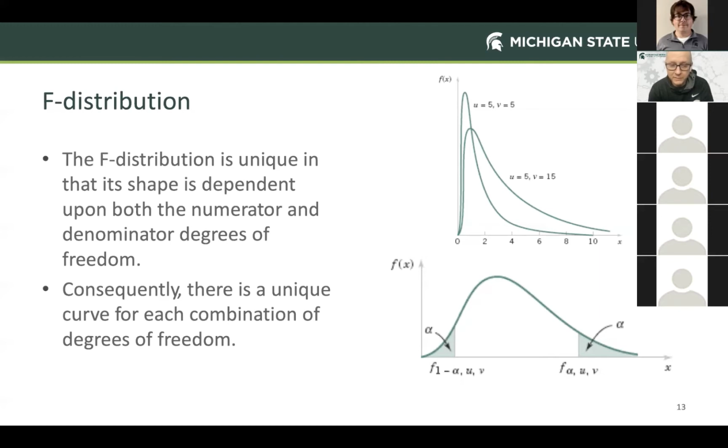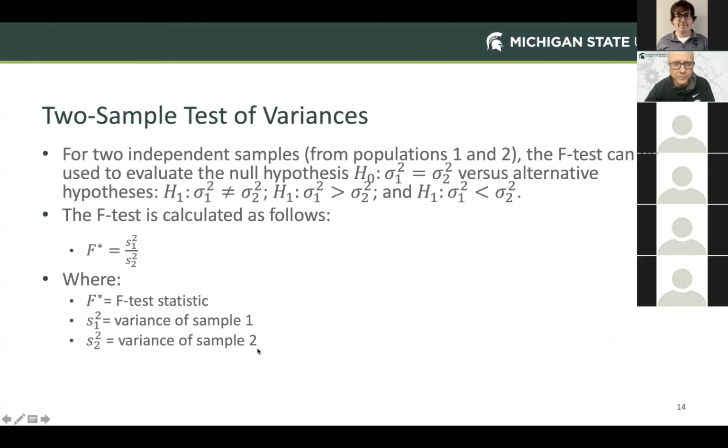For that level of alpha, we would provide a tabular summary of how the critical value changes based on the numerator degrees of freedom and the denominator degrees of freedom respectively, okay? This will probably make more sense as we start getting into the actual application here. But since the shape of this distribution varies based upon the two samples, it's less straightforward in terms of determining what our appropriate critical value is.